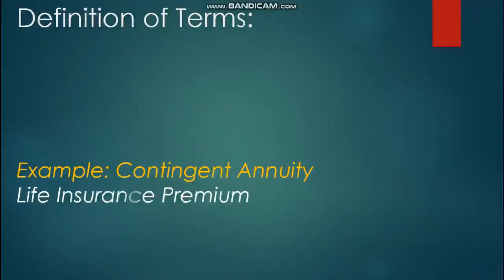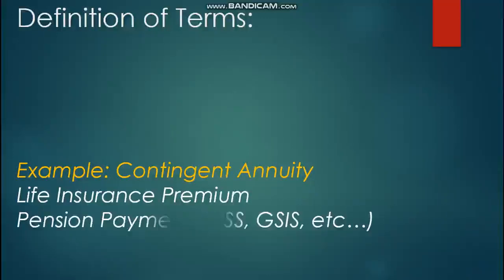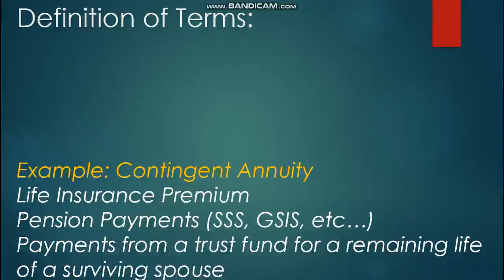Okay, sorry. So muna, contingent annuity: life insurance premium, pension payments, payments from a trust fund for the lifetime of a surviving spouse. Contingent siya. Bakit? Kasi for example, yung mga pensioner natin nakakatanggap ng pension every month. Hindi natin alam kung kailan mag-e-end yung pagbabayad sa kanya ng SSS and GSIS na monthly payment. Kasi habang buhay yung pensioner, patuloy pa rin bibigyan ng pension ng SSS or GSIS.